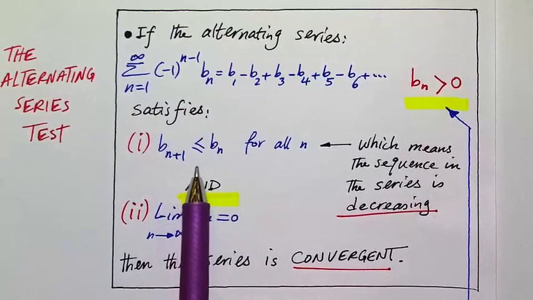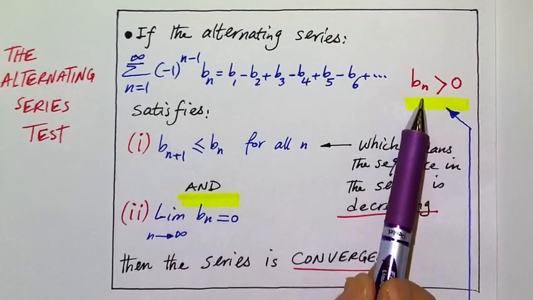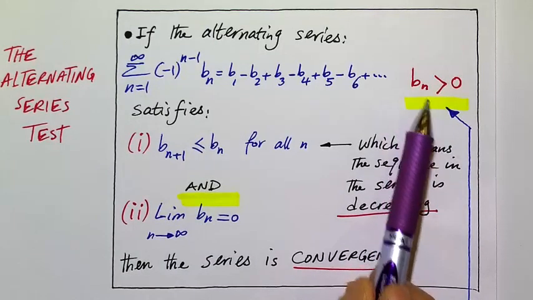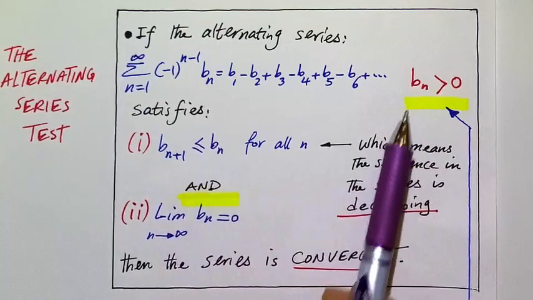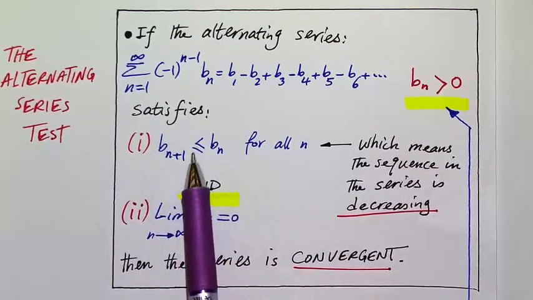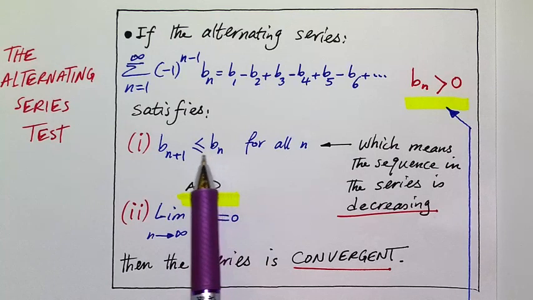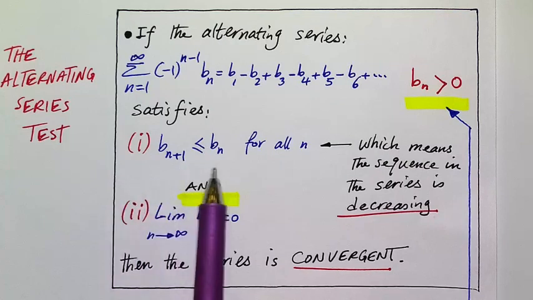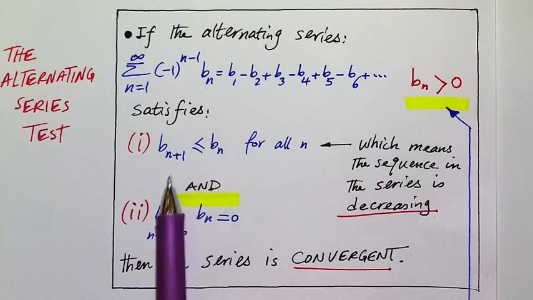Condition 1 says that each next term, that is b_(n+1), and with the b_n's, these are all the positive terms, not the negative ones, all the positive terms that are coming next should be less than or equal to the positive term that comes before them. This should be always true for any two positive terms that we find in an alternating series.